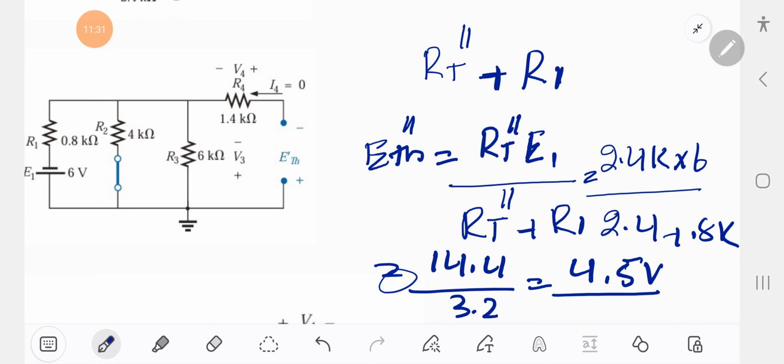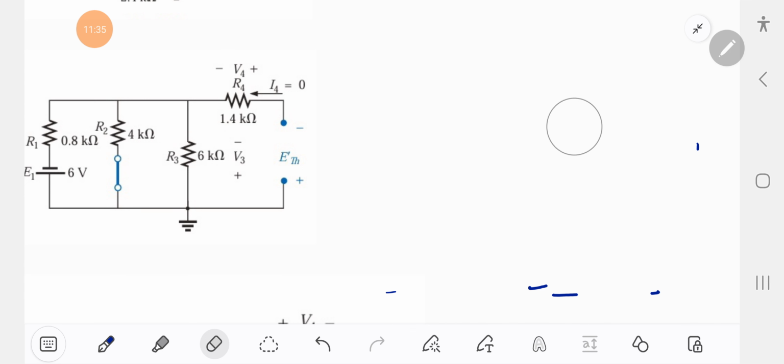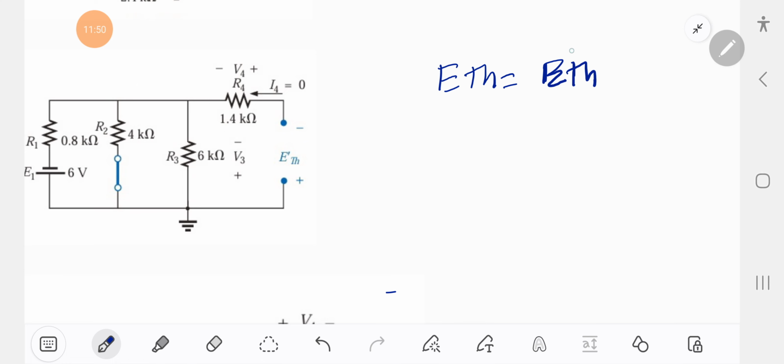Now what is ETH? ETH is actually equal to ETH dash plus ETH double dash, but these two voltage sources have opposite polarities.